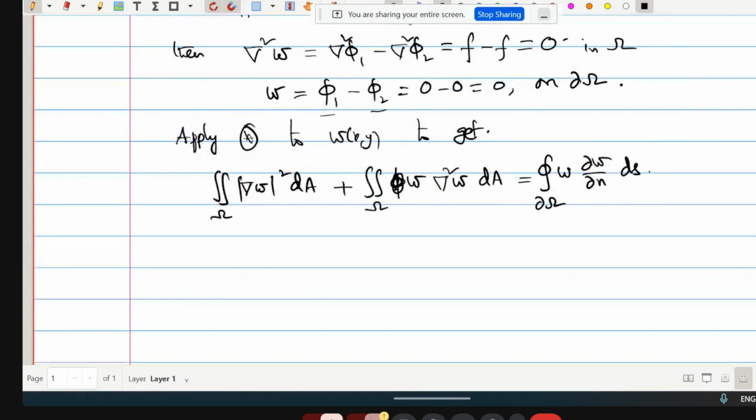Right? So now you know that del square w is 0 in omega, and w equal to 0 on dou omega. So the right hand side is 0.